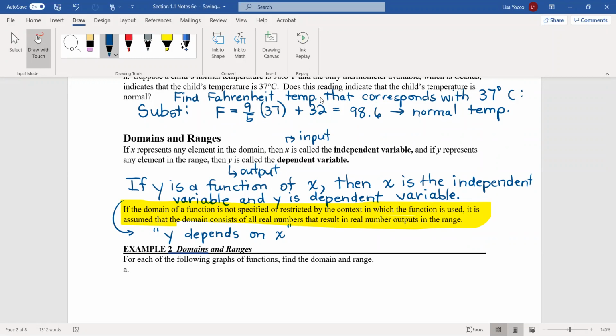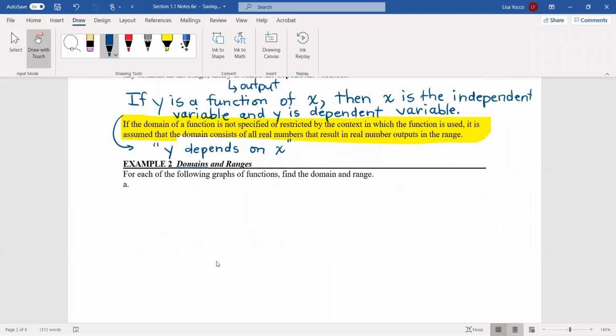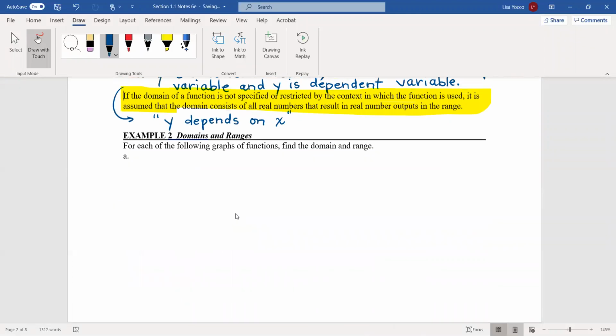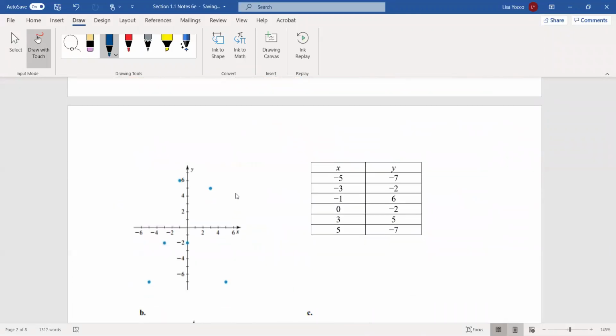So that's, again, kind of some formal language there. So maybe let's just look at some examples that might clear that up. For these examples, we're looking for the domain and the range.